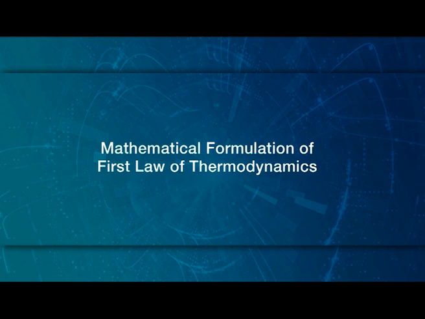Then, the mathematical formulation of the first law of thermodynamics. The first law of thermodynamics states that when a system and its surroundings are at different temperatures and work may be done on the system undergoing a process, the energy transferred, equal to the difference between the internal energy change and the work done, is called heat.